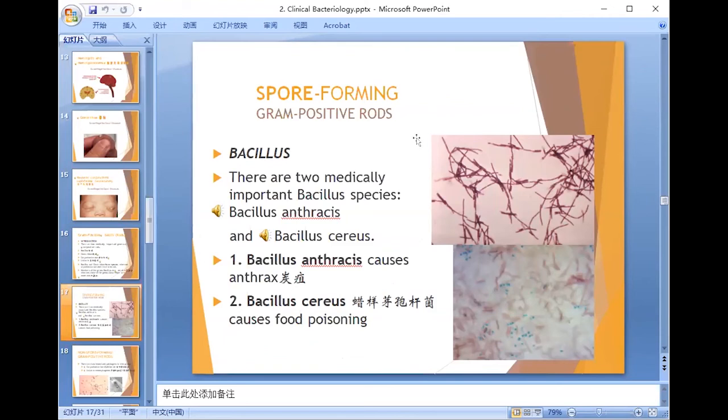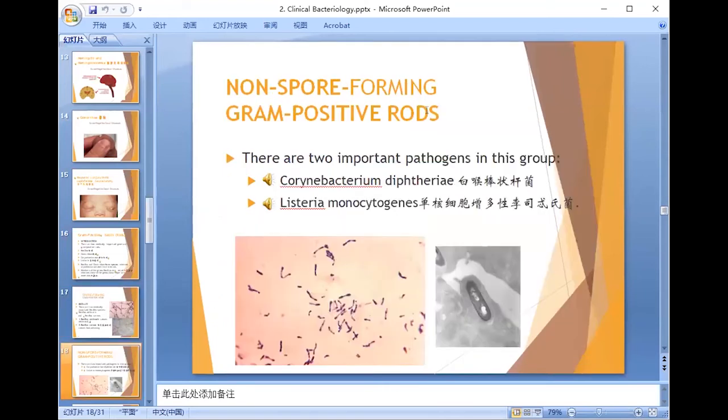We still have different shapes, and some of them can form spores, and some of them don't form spores. So that causes different illnesses. That belongs to gram-positive, still gram-positive rods.